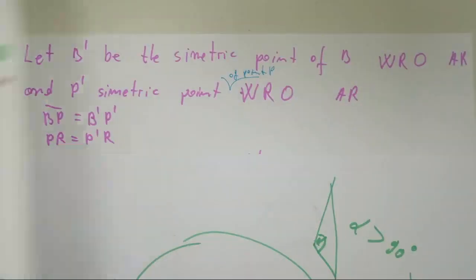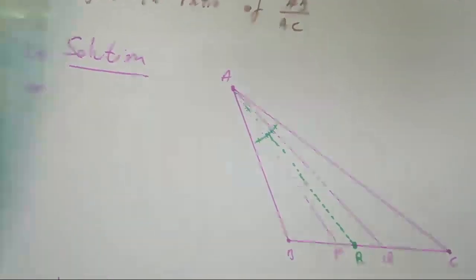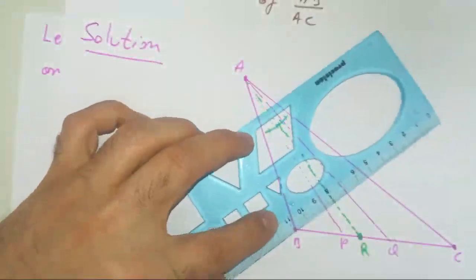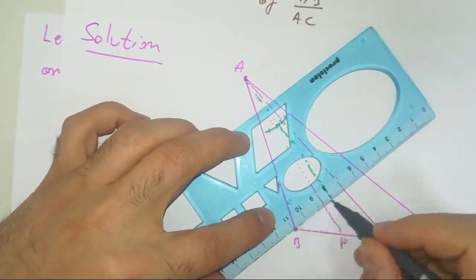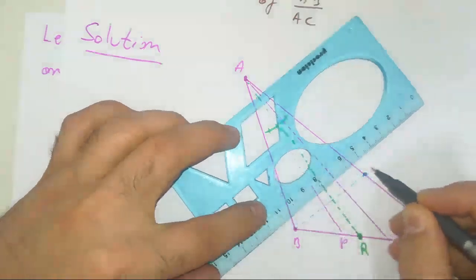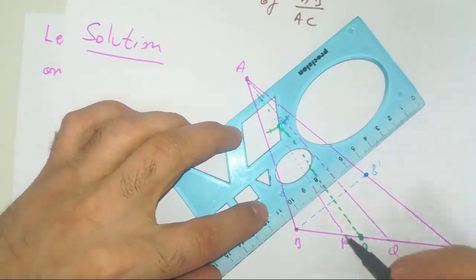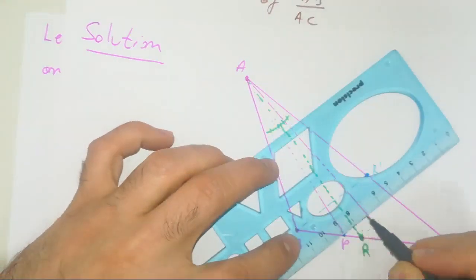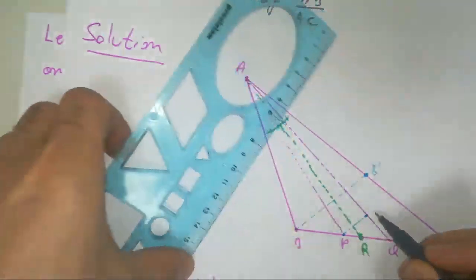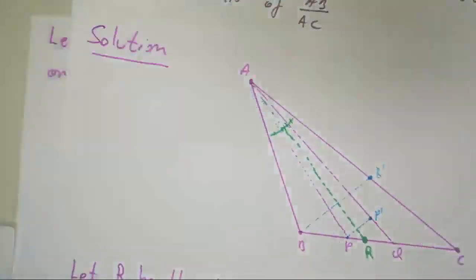So I'm drawing it once more here. Let's take the symmetric point of B. It will be exactly here. How do we know it will be here? And P prime will be here.